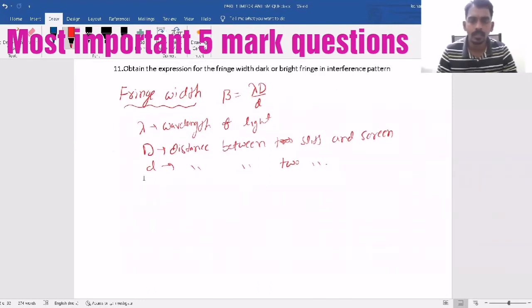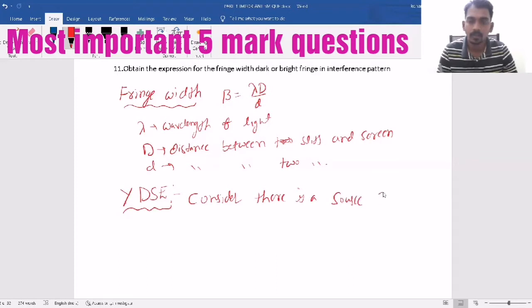Now, when you consider how to derive this one, we need to understand Young's double slit experiment. Consider there is a source S of monochromatic light.